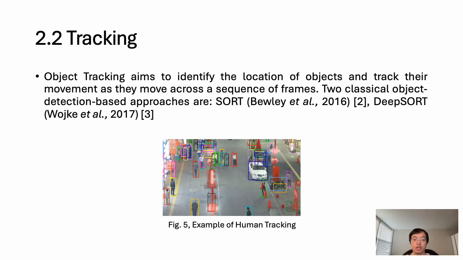Two classical detection-based approaches are SORT, introduced in 2016, and Deep SORT, introduced in 2017, which utilizes a deep neural network to produce re-identification. In the figure, there is an example of human tracking. Different humans are captured by different colors of bounding boxes, and their movement can be tracked by the models.